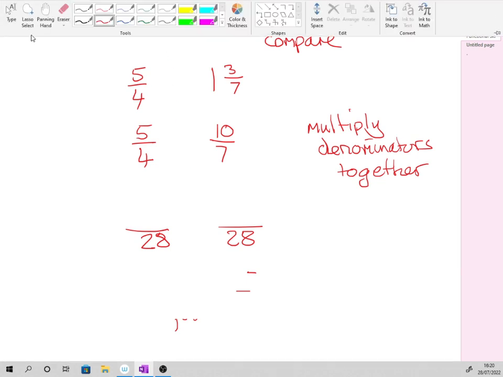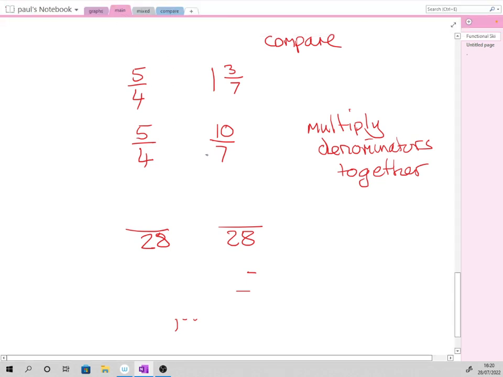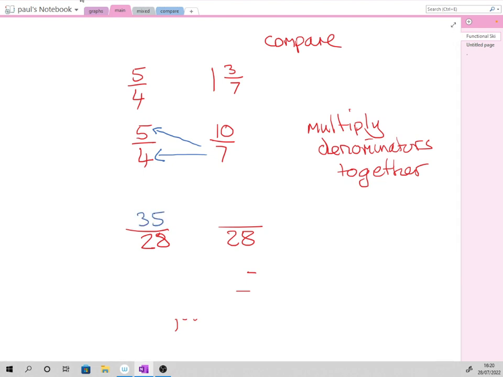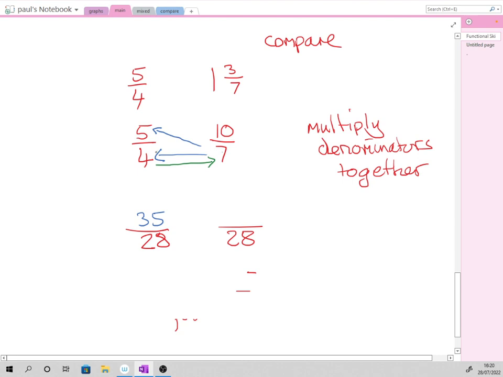Now what we did here is we multiplied this number on the left by 7 to get 28. So we have to multiply the top by 7 to get 35. And then, another colour, we multiplied this number by 4. 4 sevens are 28. So we have to multiply this number by 4, which is 40.